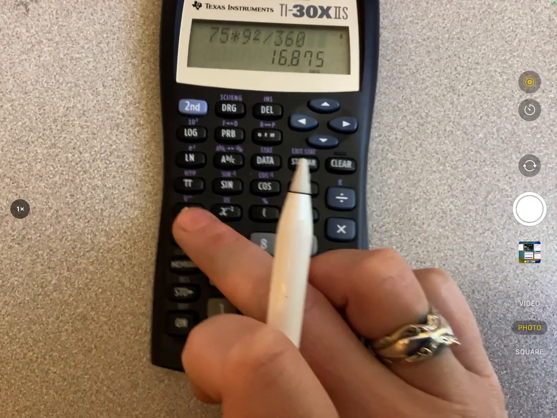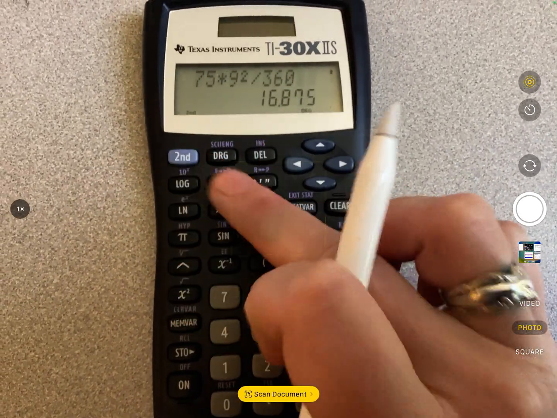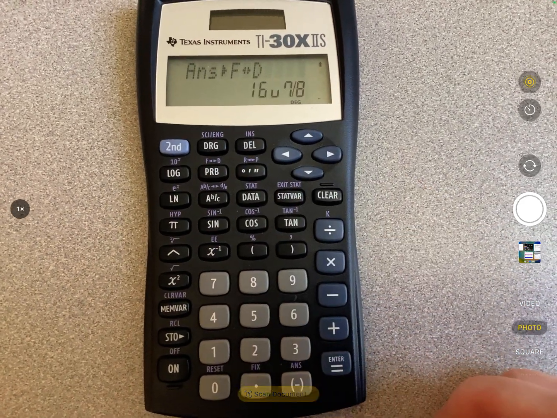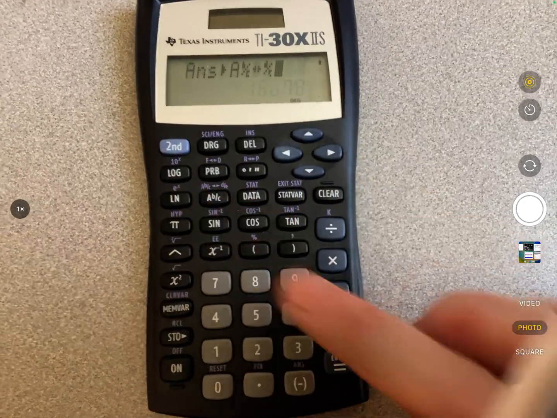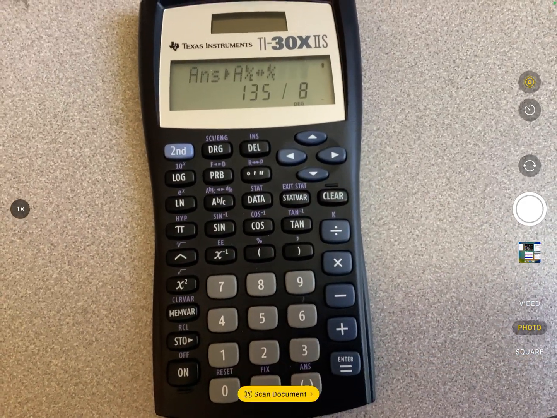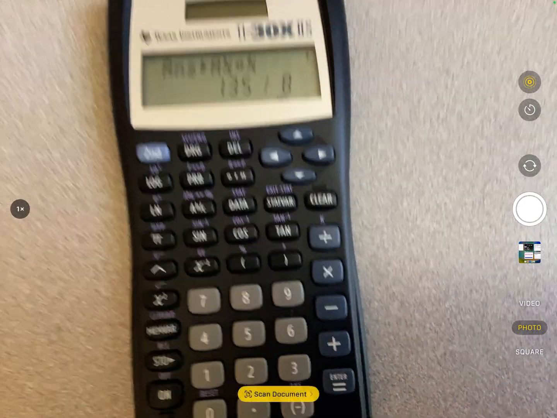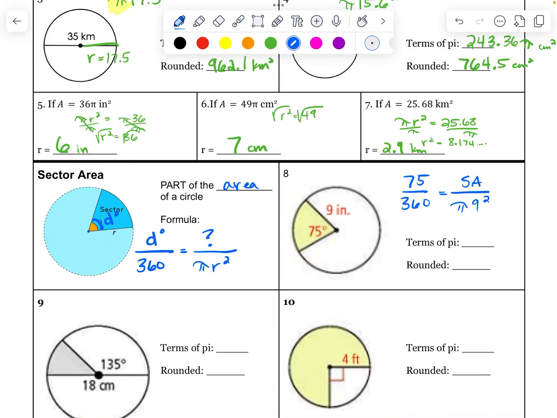Ooh, that's a mess. So we've got to change this into a fraction. Second, improper fraction: 135 over 8. And don't forget, you've got to put your pi back in there. 135 pi over 8. And this is area, so it's going to be inches squared.